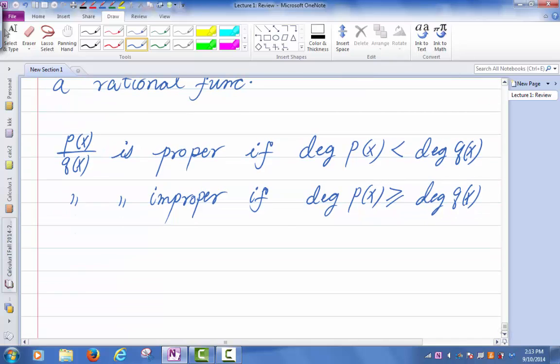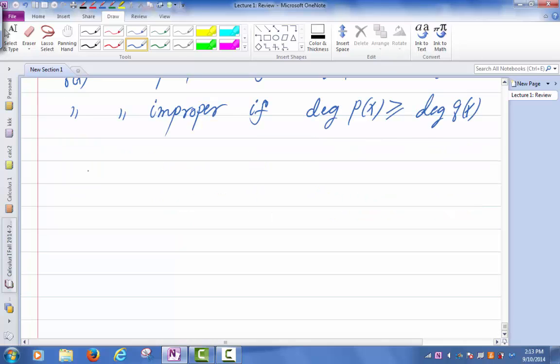So can someone give me an example of a proper rational function? So if I have, say, x plus 1 over x cubed plus 3x minus 1, that's proper.